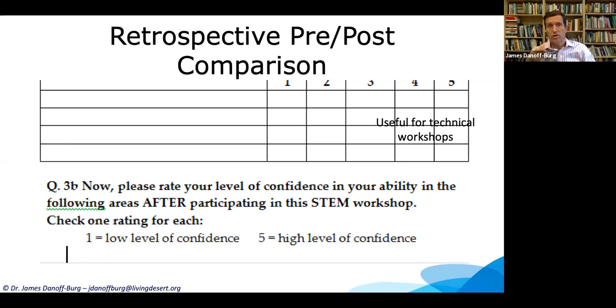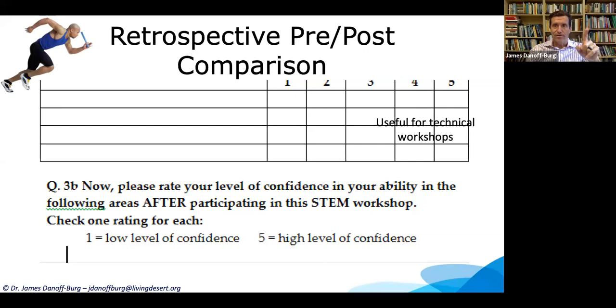But with this retrospective pre-post comparison, when you have very data-heavy or technique-heavy, more complicated subjects, it's best to do it after. You don't do a pre-survey, you just do what would have been the pre and the post afterwards, because then they have been exposed to the information. They can themselves assess what their pre-training knowledge or comfort was relative to after. Lower before, higher after. Make sense?